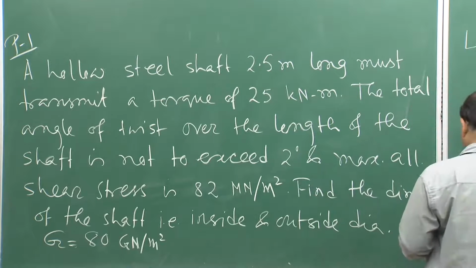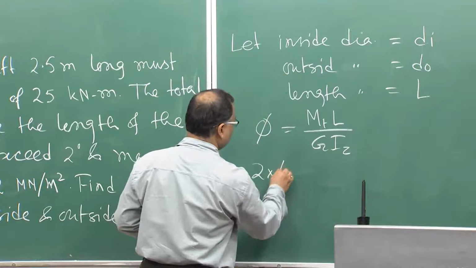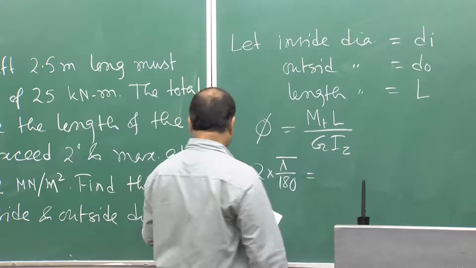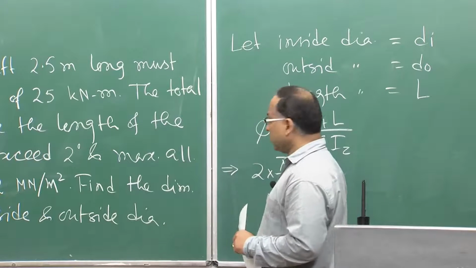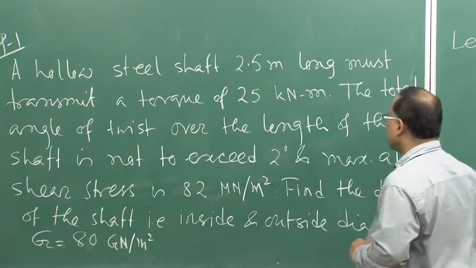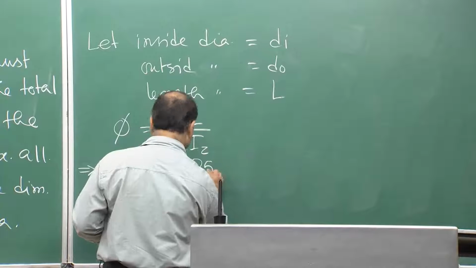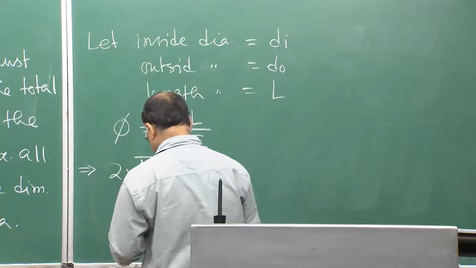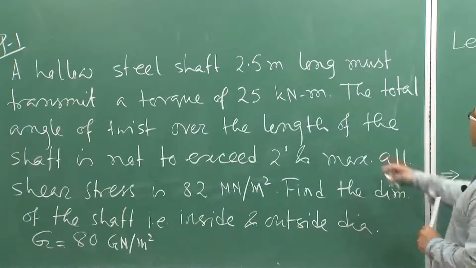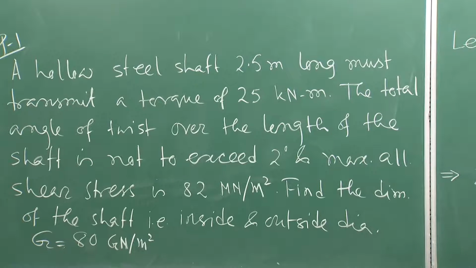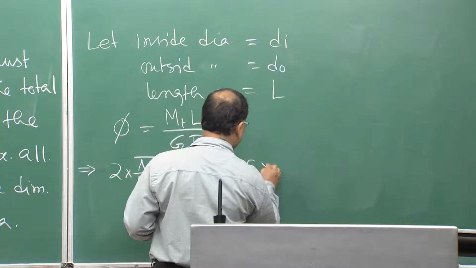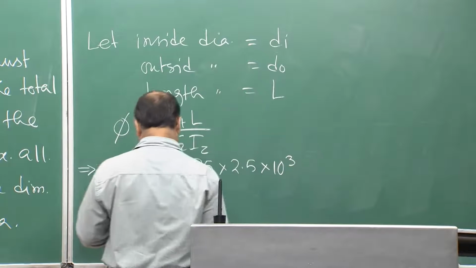So 2 into pi by 180 radian is equal to MT, the torque applied, that is given, 25 kilonewton meter, and L is given as 2.5 meter long.